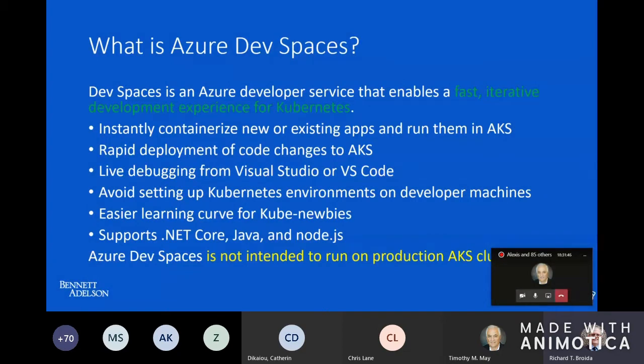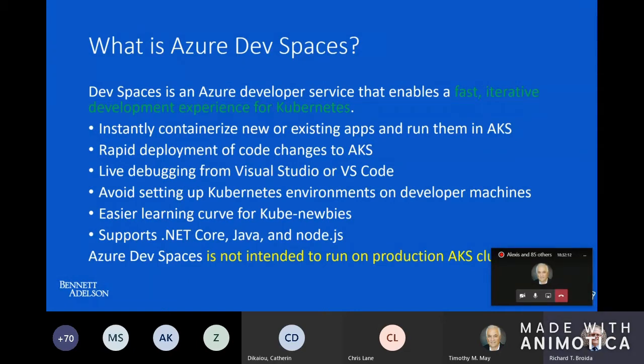Then you have to create Kubernetes manifests, which will tell Kubernetes how to install and run these containers. And then you have to use a tool called Helm, H-E-L-M, which will install your application code into the containers once they've been deployed into Kubernetes. The Azure Dev Space service will take care of all those steps for you, which I'm about to show.